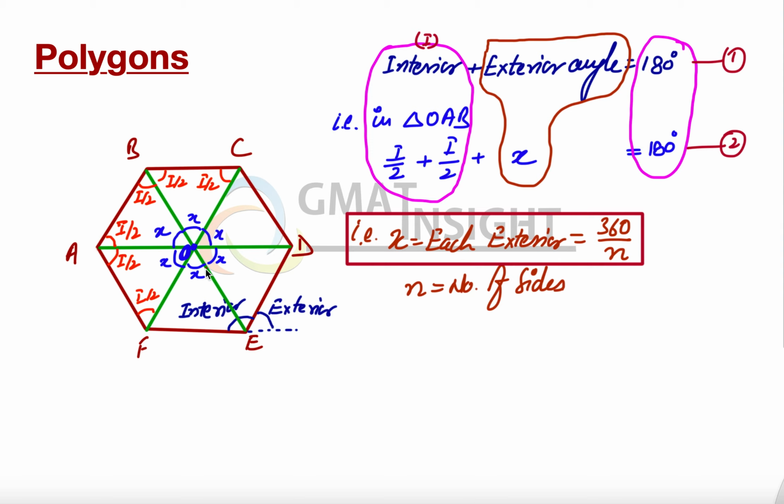Now the second thing to focus on is that everywhere we have the same angle distributed, x. So x is equal to the exterior angle, which means when we calculate the exterior angle, it's completely up to us whether we write the exterior angle outside like this or inside at the center like this. Here I would like to suggest that, looking at the information and the required output of the question, we have to understand where we should write this value of each exterior angle.